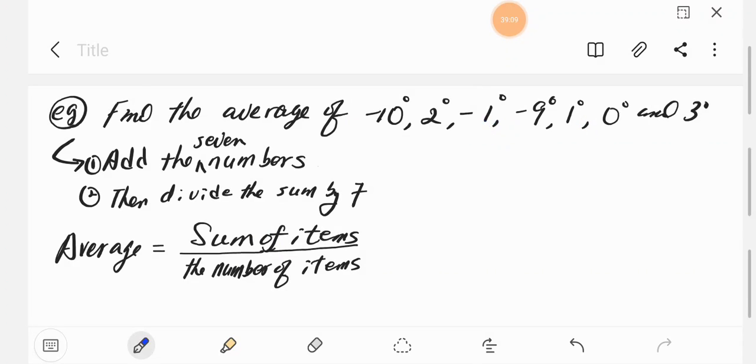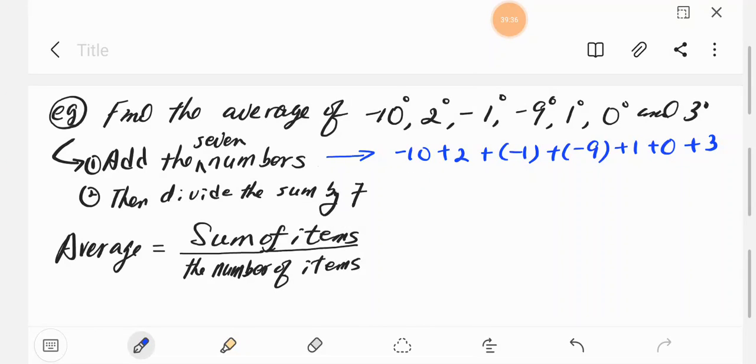In this case, the sum of the 7 temperatures, and then divide that sum by the number of temperatures. So let's find the sum of 7 numbers. This will be negative 10 plus 2 plus negative 1 plus negative 9 plus 1 plus 0 plus 3.